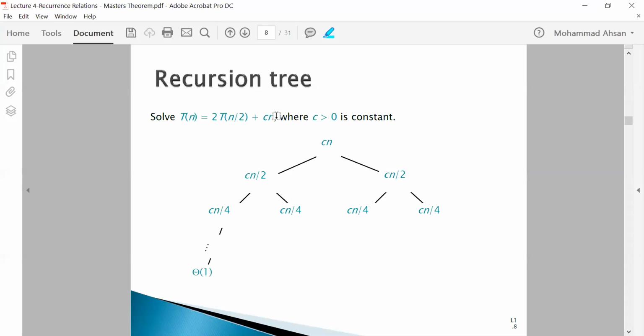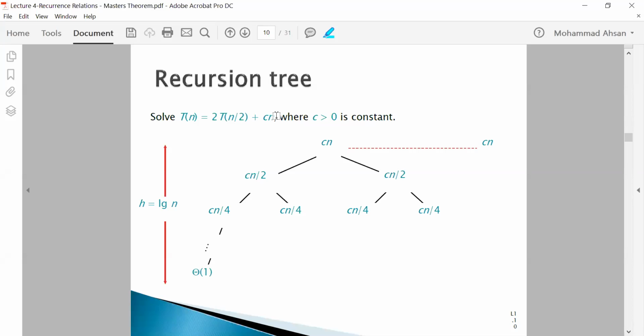This tree will continue all the way down to the leaf node where n is equal to 1, so your Cn will be just C. This is a binary tree, and the height of the binary tree is log n. If you remember, we did the summation. We'll come to that in a while.